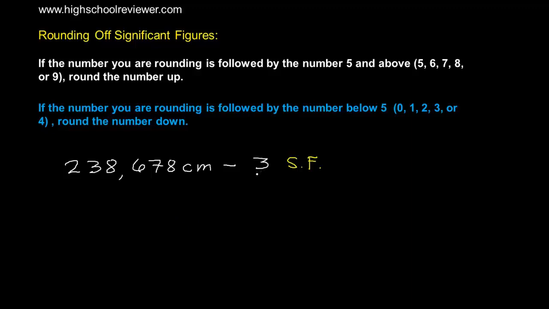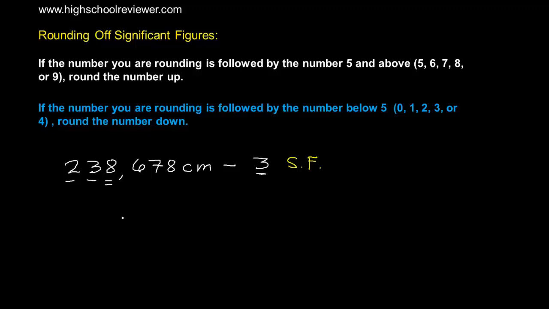So let's identify the third significant figure. Since these are all non-zero numbers, they are all significant. But where is the third significant figure? Let's start to count from 2 going to the right. So we have first, second, and third significant figure. So the number 8 is the number that we need to round off.